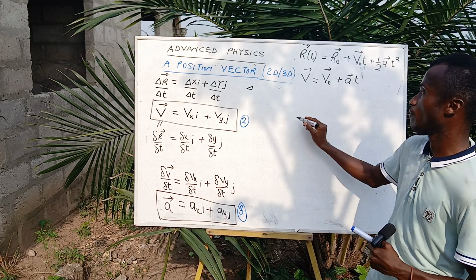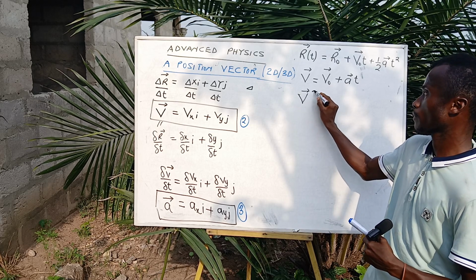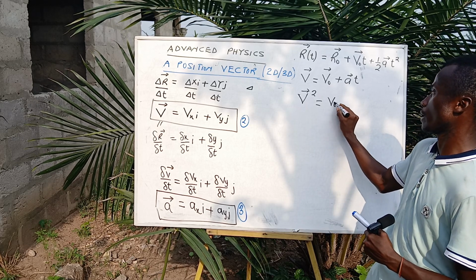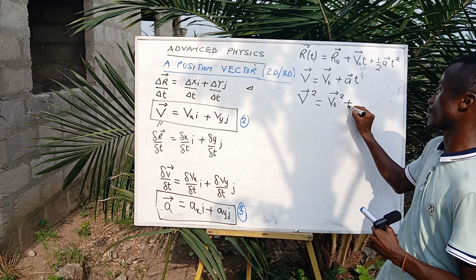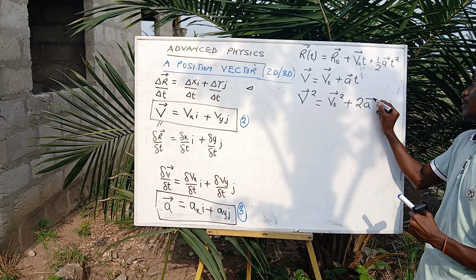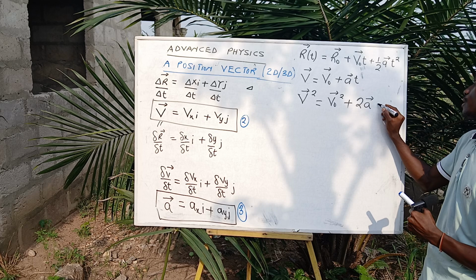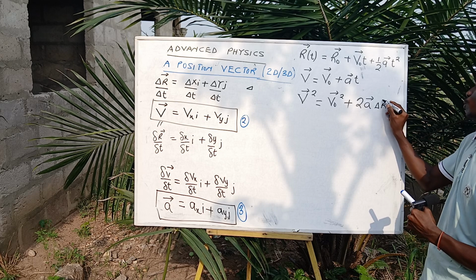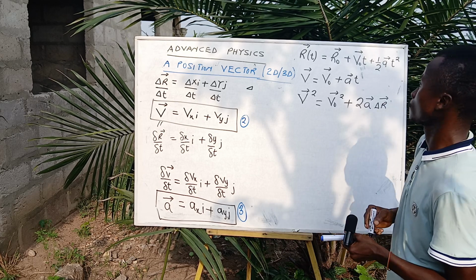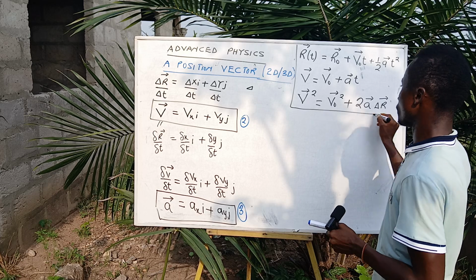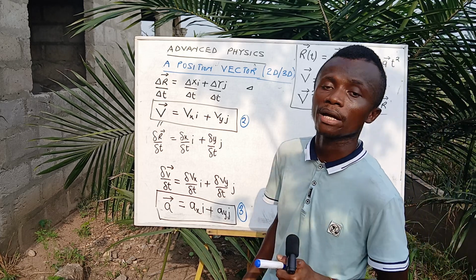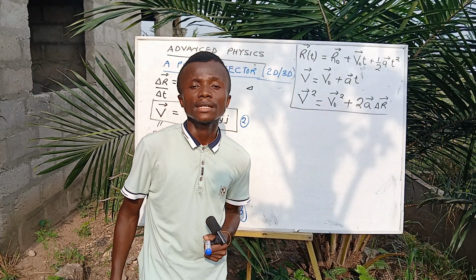Then last of all, we have v squared, which is a vector now, equal to v naught squared, which is also a vector, plus 2 times the acceleration, which is a vector, times delta r, which is also a vector. So these are the three kinematic equations put forward by Newton as vectors.